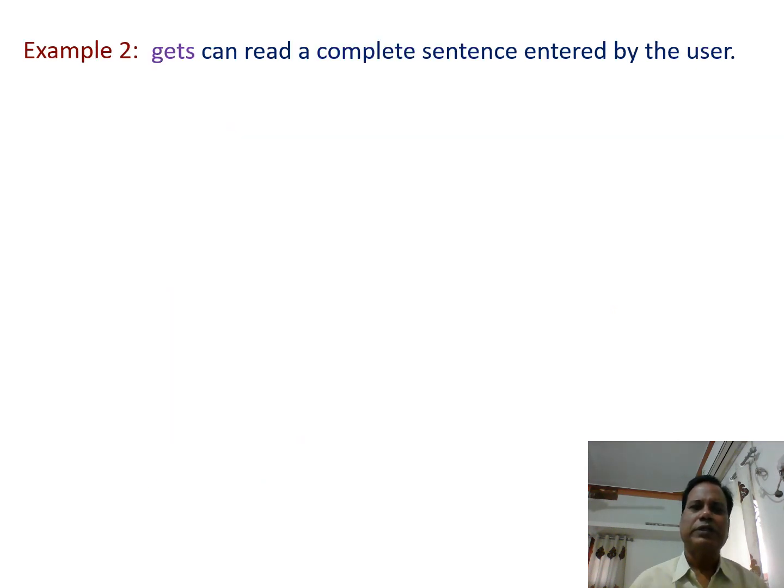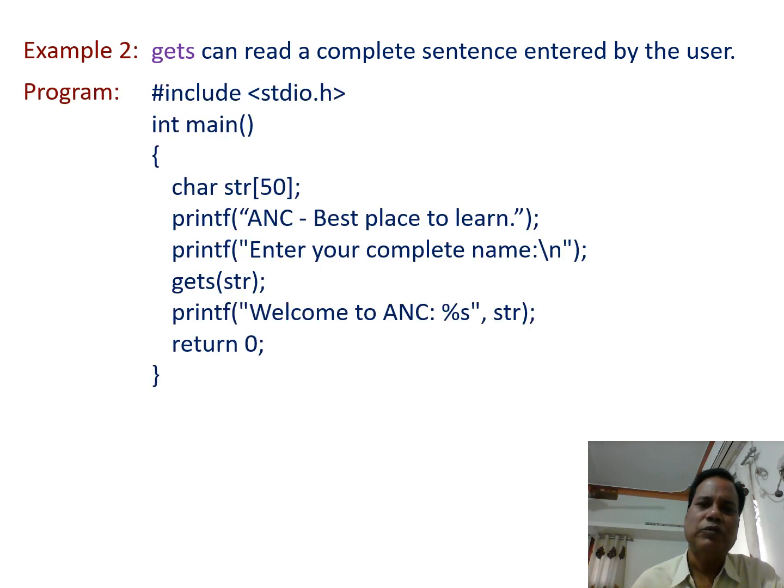Now let us discuss the use of the gets function in another program. In this program we will see how the gets function can be used to read a complete sentence entered by the user. So the program is like this one.